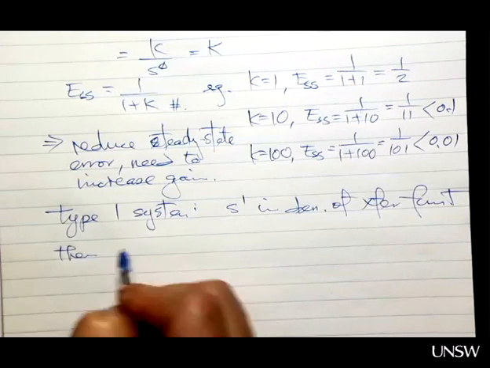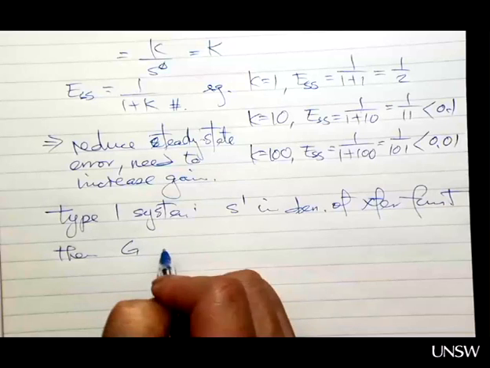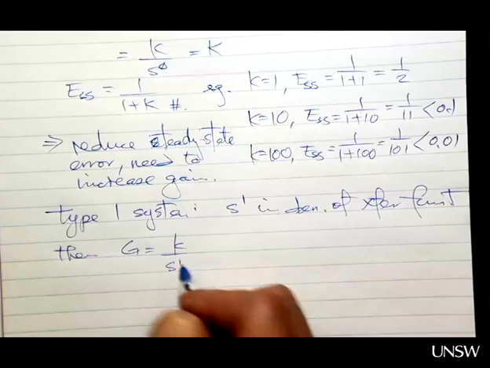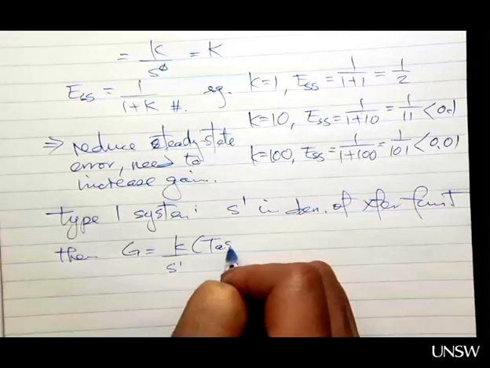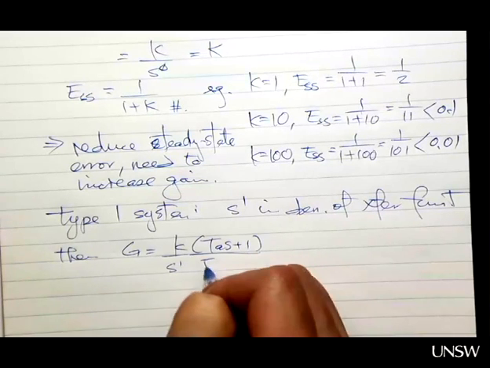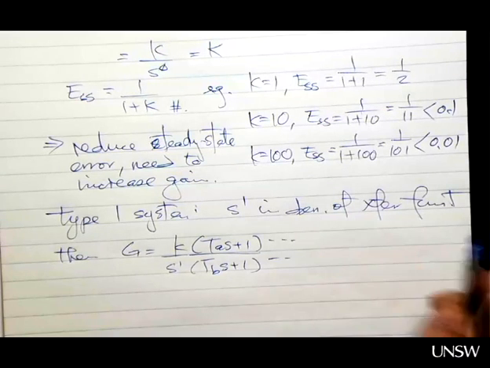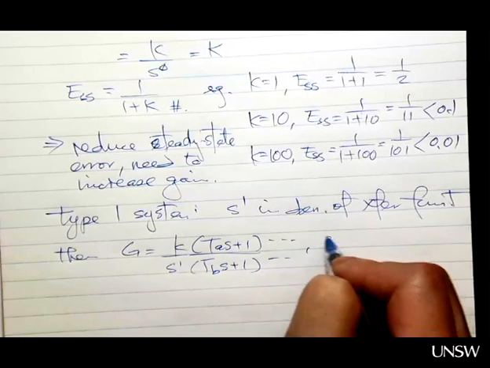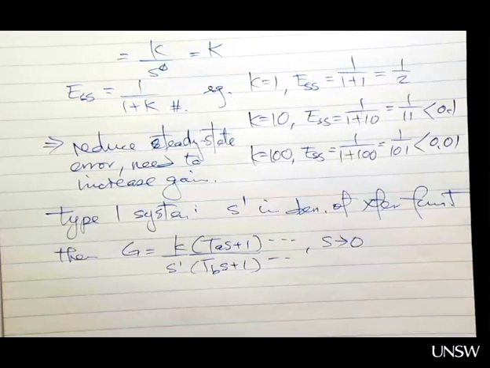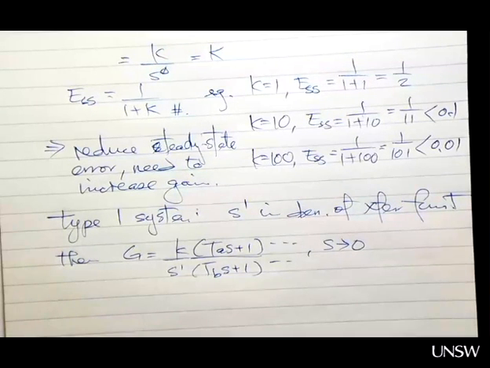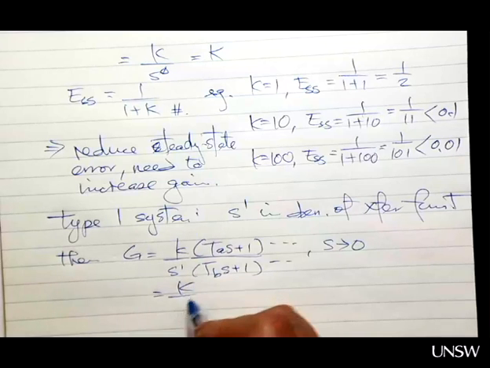Then the transfer function is K over s, and then (T_a s plus 1), (T_b s plus 1), etc. And then as s goes to 0, we have K divided by 0, and then it is infinity.